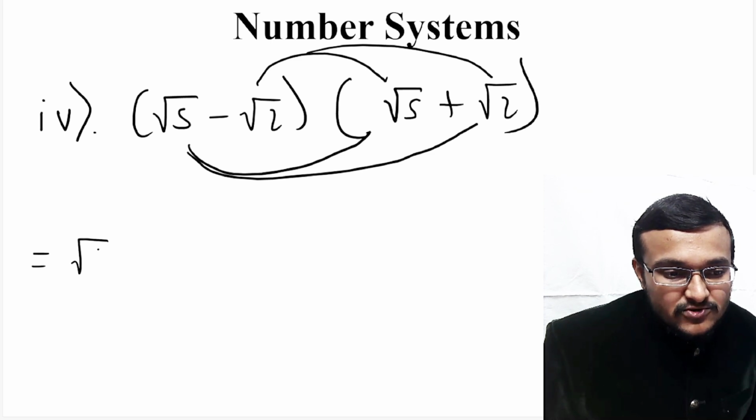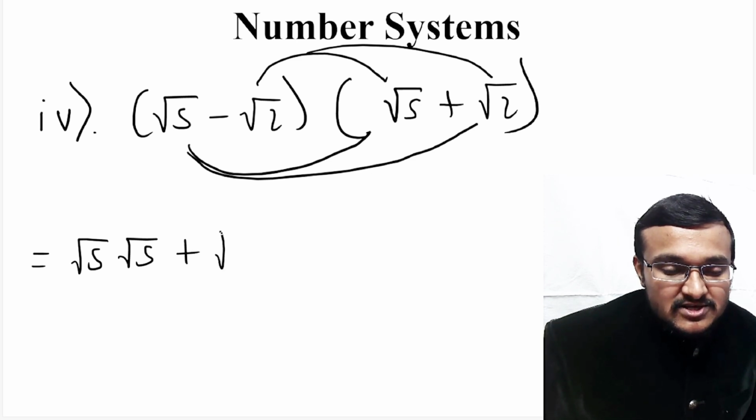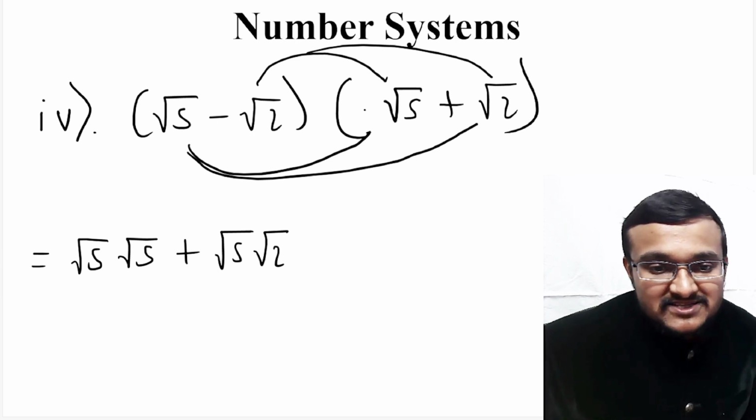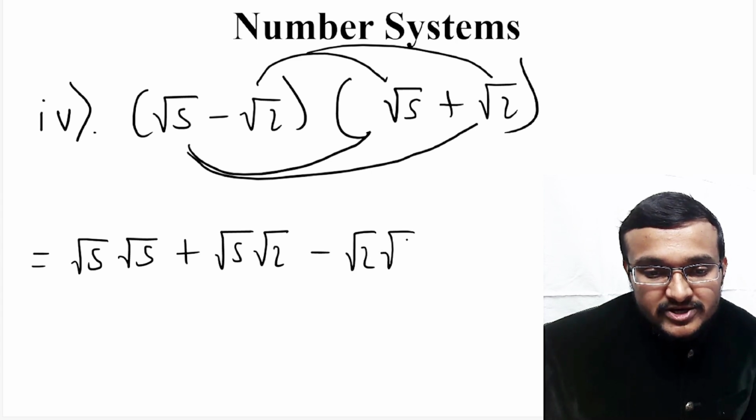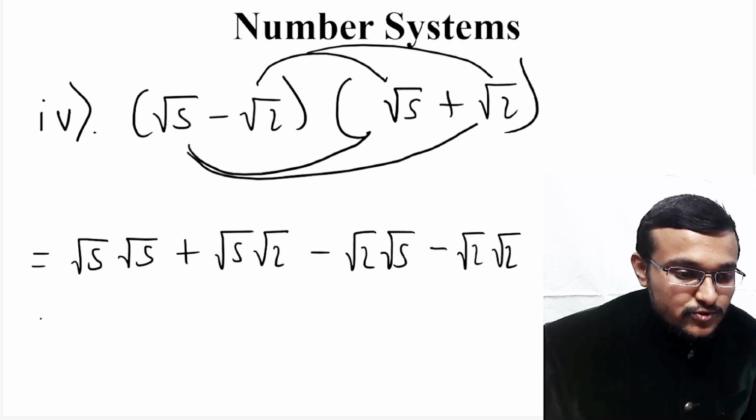So this is equal to root 5 into root 5, plus root 5 into root 2, since plus into plus is plus. Here minus root 2 into plus root 5, so minus into plus is minus, root 2 into root 5, and minus root 2 into plus root 2 is minus root 2 into root 2.